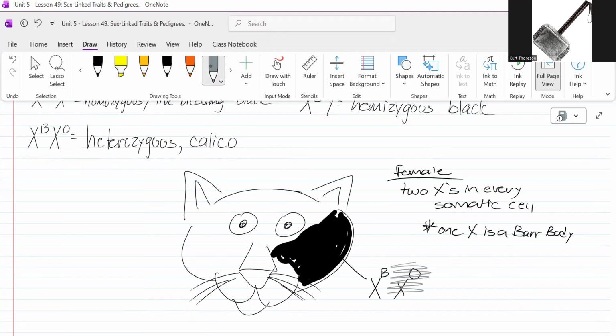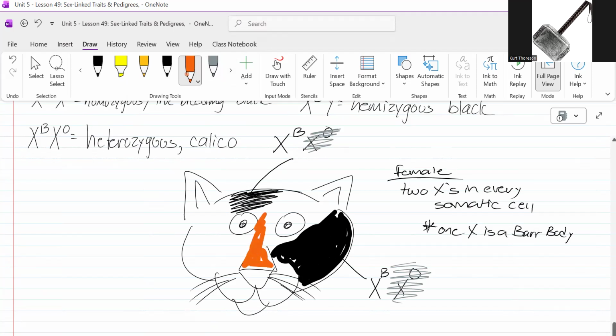The orange one, which means black is the only color that will show up. I could say the same thing, let's say in a little stripe right here, a little area. We got black, we got orange. The orange gene is methylated. Okay, let's say I color in this part of the cat, orange.